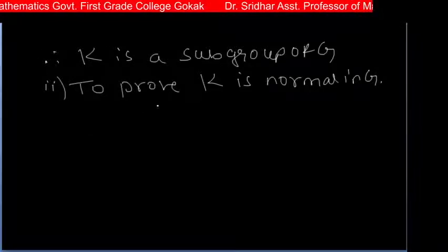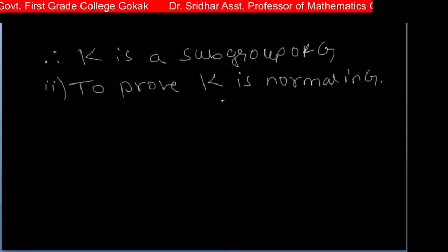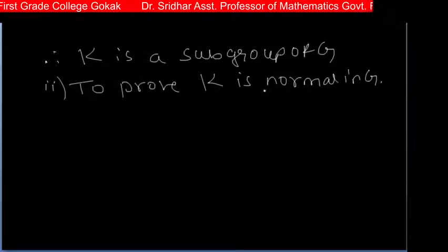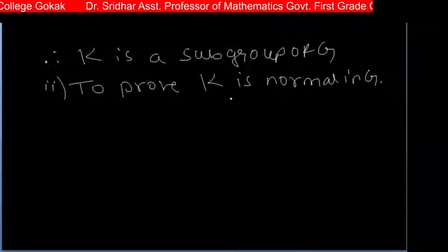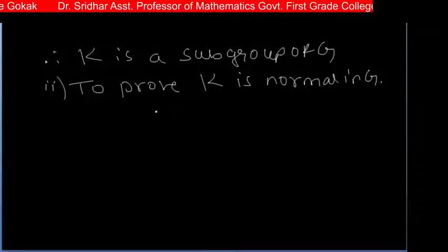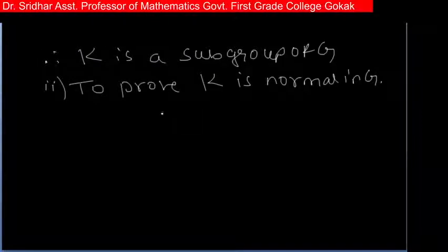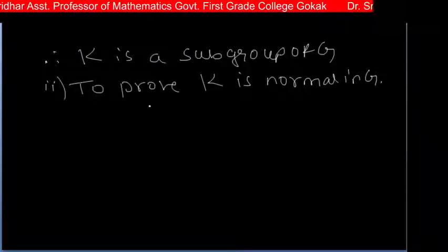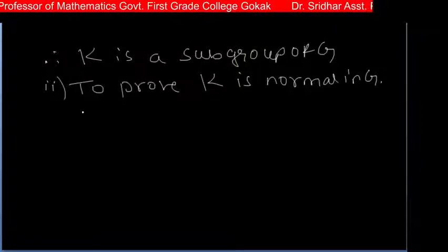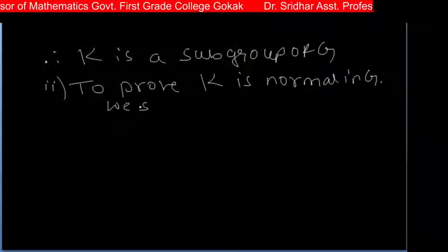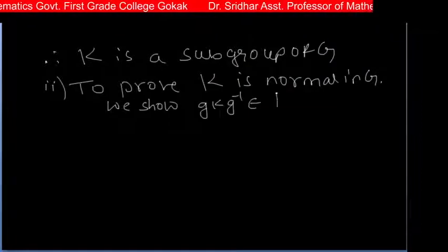This is the definition of a normal subgroup: to prove K is normal in G, we show that g k g inverse belongs to K. To prove any subgroup as normal, we show that g k g inverse belongs to that subgroup. So here we have to show that g k g inverse belongs to K.